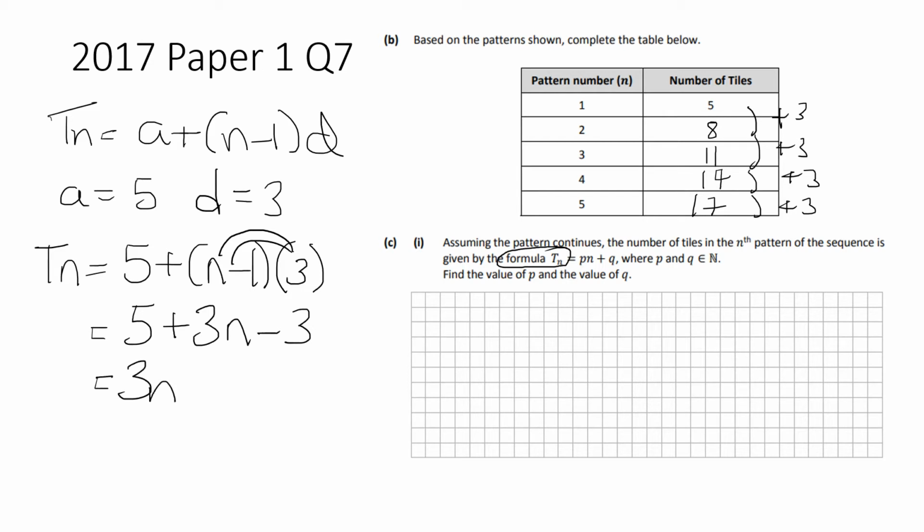So we have 3n, and then 5 minus 3 is 2, so that's 3n plus 2. You can see that here they have Pn plus Q. P is going to be the value in front of n, so P is equal to 3, and then Q is your constant, which is plus 2, so 2. That gives you 10 marks just for doing part C.